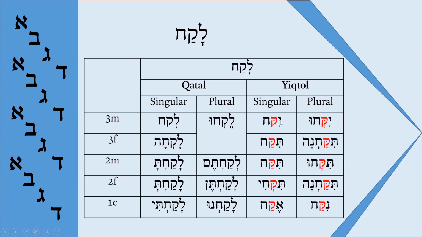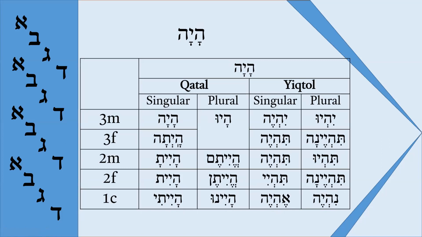It should be Yilkach, but because lamed and kof assimilated, we have Yikach, and the same everywhere: Yikach, Tikach, Tikchi, and so on. When you meet this verb in sentences, please recognize it, and I think it will not be very difficult for you.